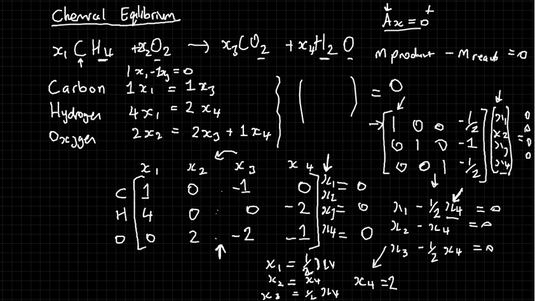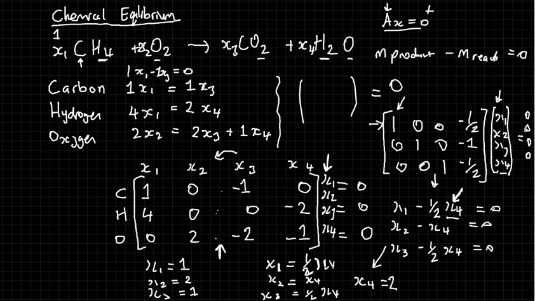Okay, well, because we've got fractions here, it makes sense for us to choose our x4. I mean, we could choose anything, right? But let's choose it to be 2. If we choose it to be 2, then we don't have a whole bunch of halves, which gets a bit ugly. So if we made x4 equal to 2, then x1 is going to equal a half of x4, so x1 is going to be equal to 1. x2 is going to be equal to x4, which is 2.